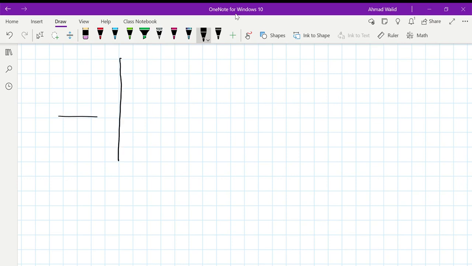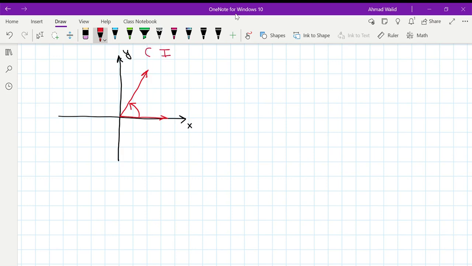I give you some general rules. This is x, this is y. If your given angle, which is theta, is in quadrant 1, an acute angle like this, this is theta. This is quadrant 1, right?